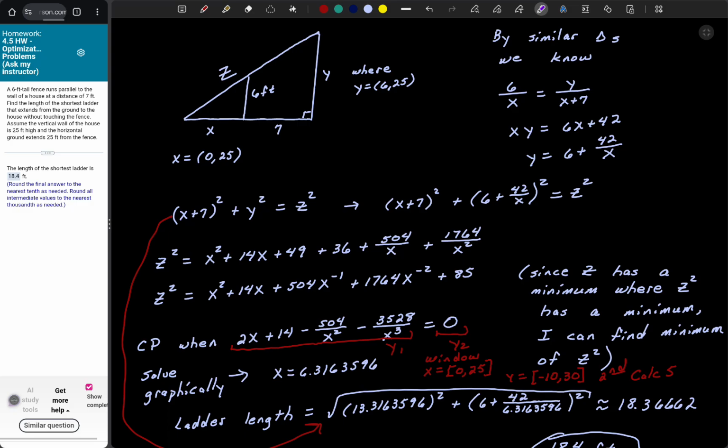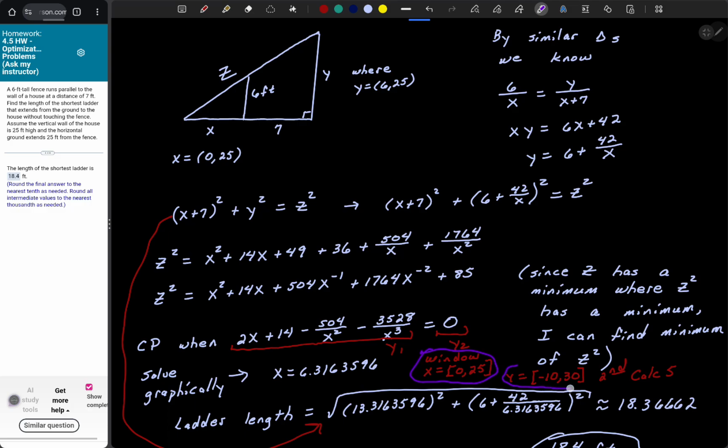So I brought in my calculator and I said, all right, all I have to do is find the x-intercepts of this function. And I know that the x-intercepts have to occur somewhere from 0 to 25, guaranteed. So I put this equation in y1, I put this equation in y2 since I'm trying to set it equal to 0, and I set the window on my calculator between 0 and 25.